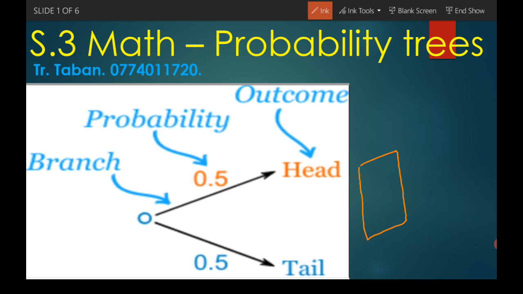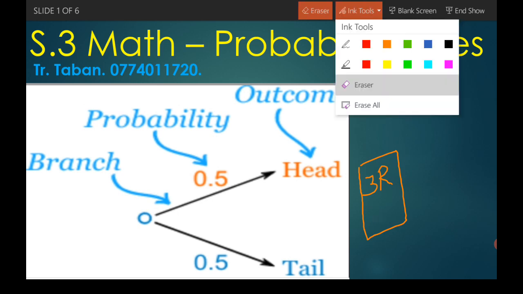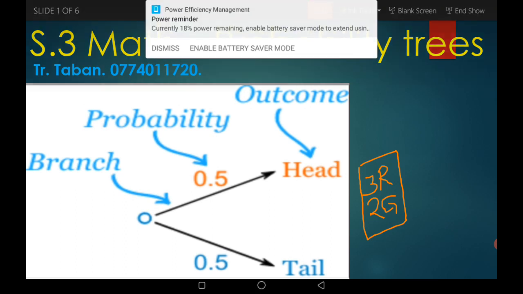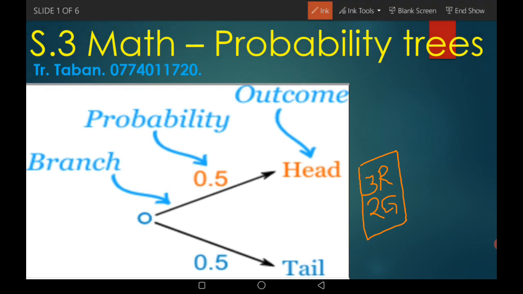Assuming that you have mangoes, and maybe you have 3 ripe mangoes, and then, let me use 2, you have 2 green mangoes. Those ones are not ripe. Someone may ask, what is the probability of picking at random one ripe mango?